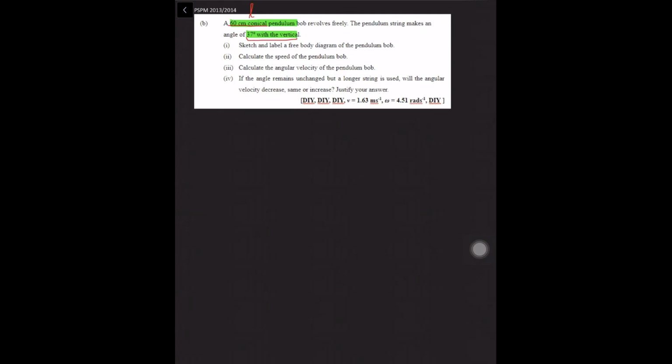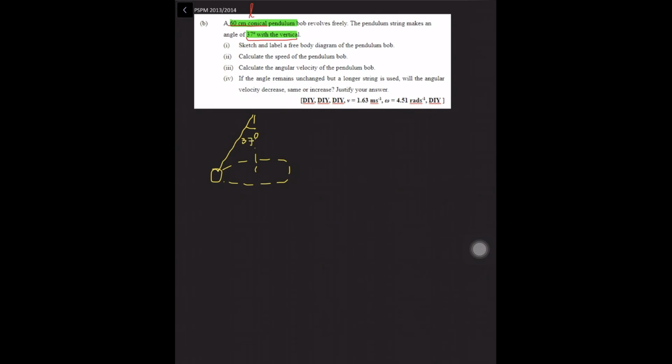It revolves in a circular motion, so the angle will be here, 37 degrees.